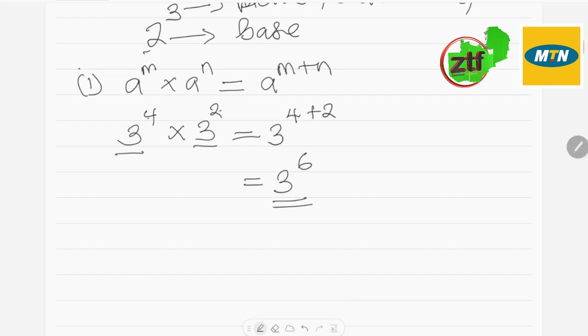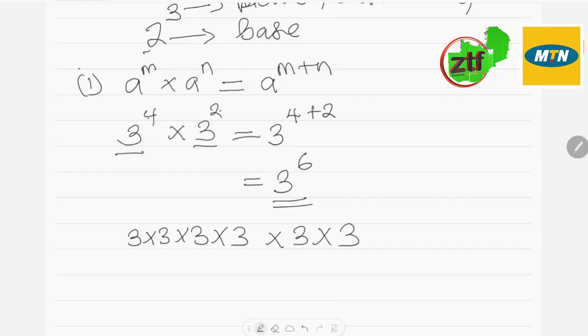You can also find the same because 3 to the power 4, or 3 exponent 4, is the same as multiplying 3 by itself 4 times, then times 3 raised to power 2, which is the same as multiplying 3 twice. So we're going to have 3 times 3. And then when you count the number of 3's we have 1, 2, 3, 4, 5, 6, and we've just been multiplying the 3's.